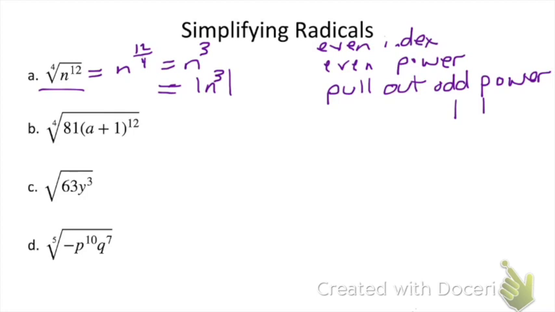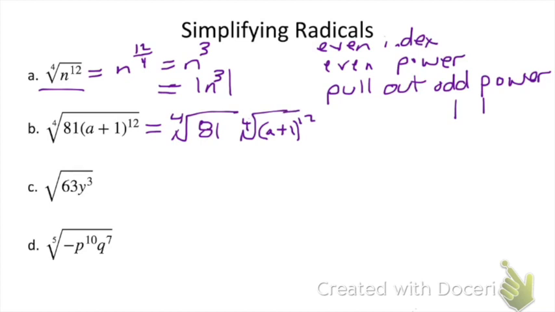All right, so we are going to now simplify part B. We have the 4th root of 81 and then a plus 1 to the 12th power in parentheses. I'm going to break this up. So we have the 4th root of 81. We have the 4th root of a plus 1 in parentheses to the 12th power.